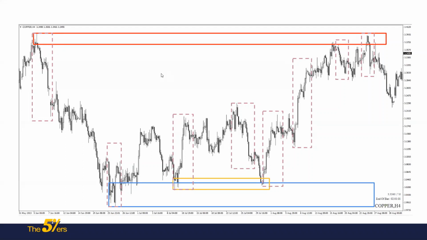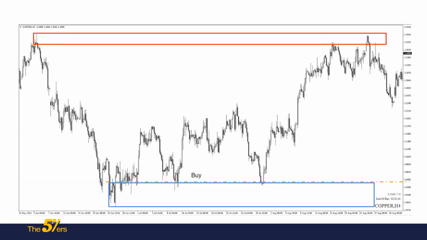So don't expect to take a reversal from the very first test of a zone. A reversal requires price action confirmation, and that can also be derived from the order flow supply and demand theory.